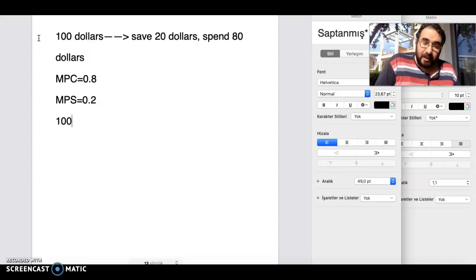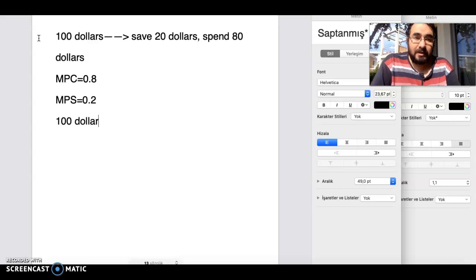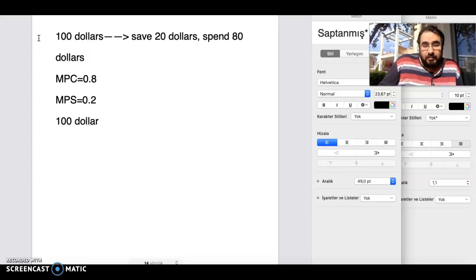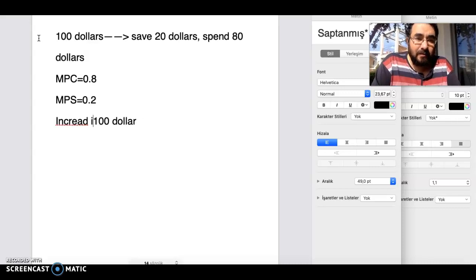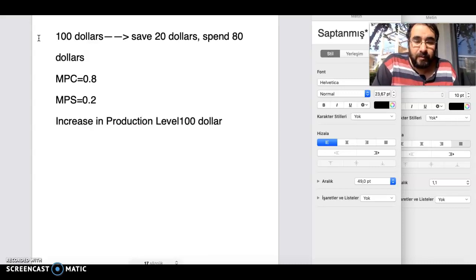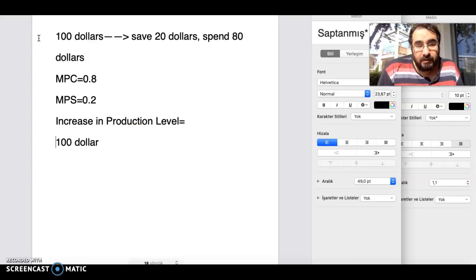Initially, when I have $100 of spending, since we basically have an unlimited excess capacity, this will increase the production level. Basically, we have a $100 increase in production level.